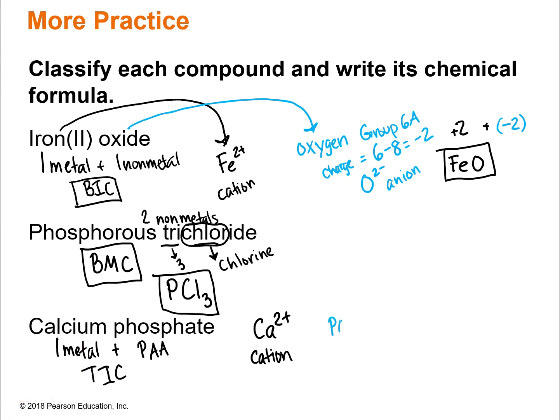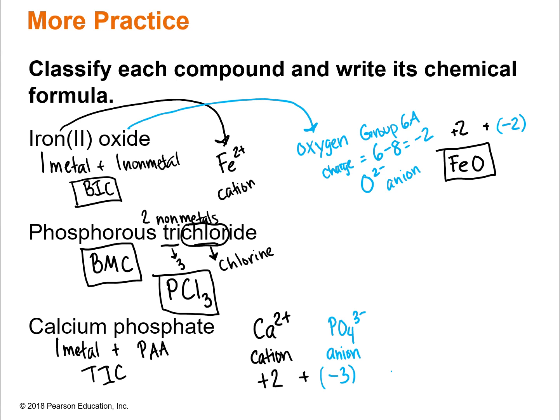Phosphate, you're going to look up. As you do more practice with these, you might even start to remember some of them. That's okay. When we total up our charges, we can clearly see we're not getting 0 there.